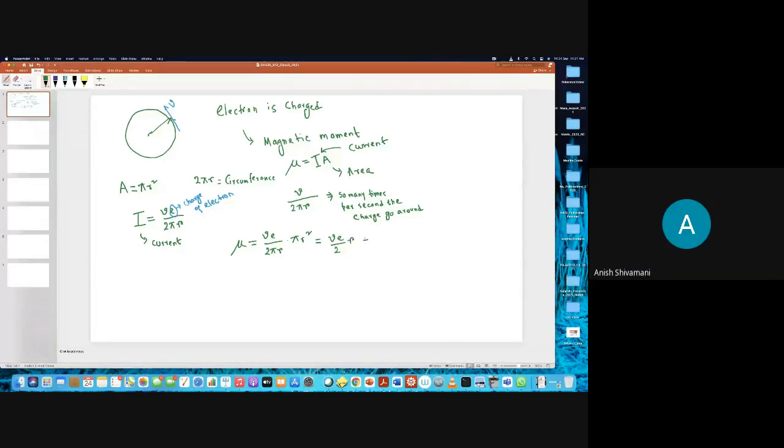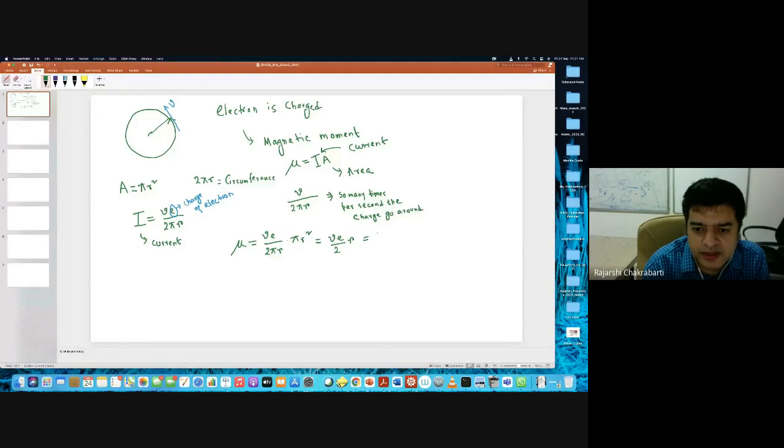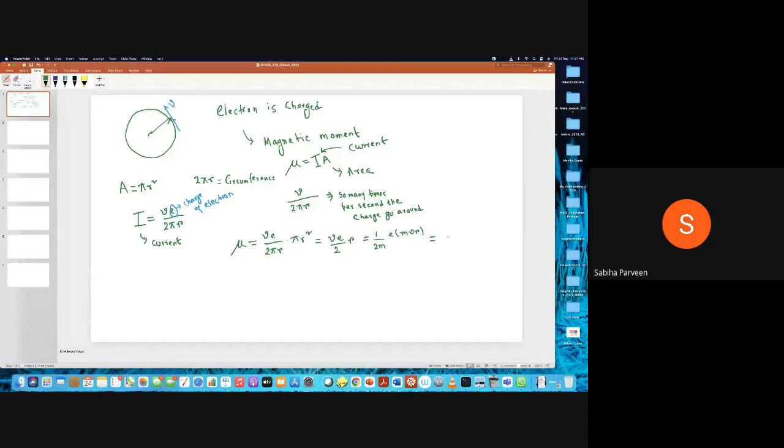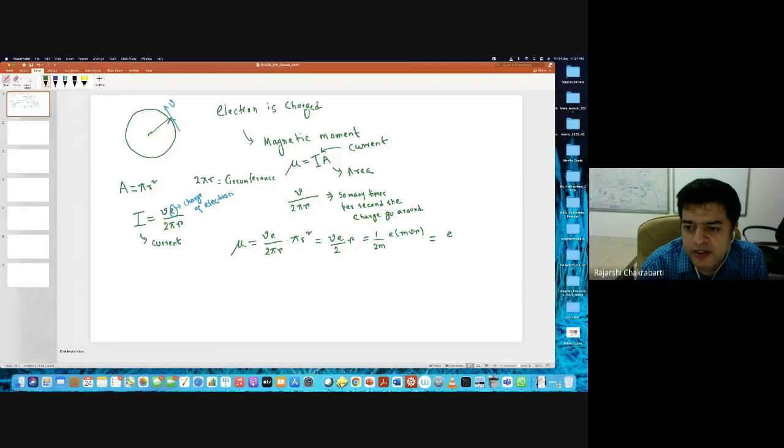Yes, sir. Now I can do one thing. I can just divide by mass, multiplied by mass. So what I'm going to get is e into m v r. What is mvr for a circular orbit? Angular momentum. Yes, so this is actually a charge times some angular momentum. Small l I'm using here.